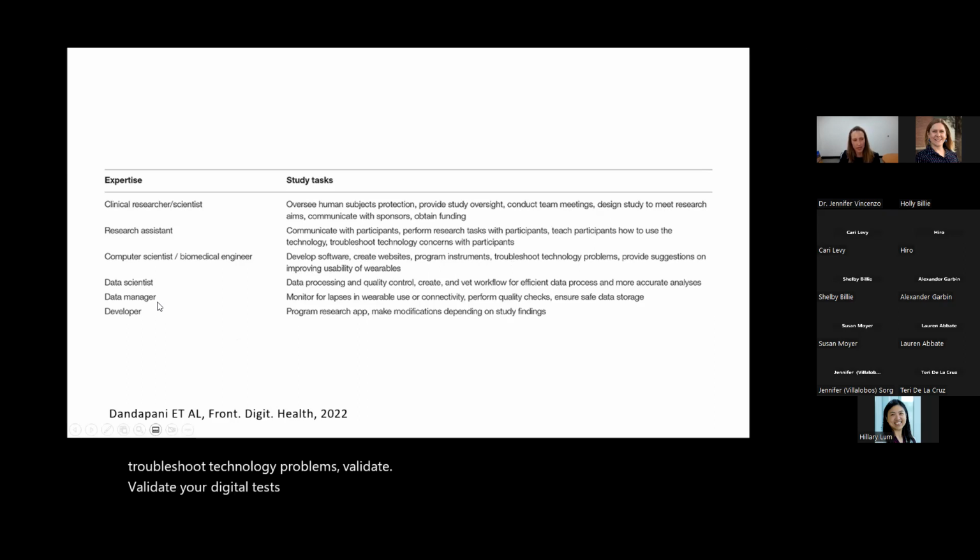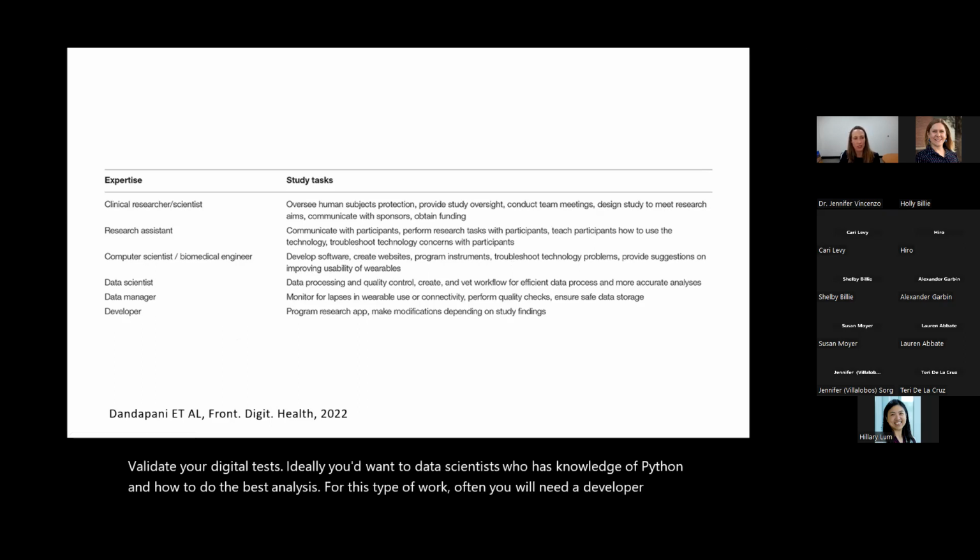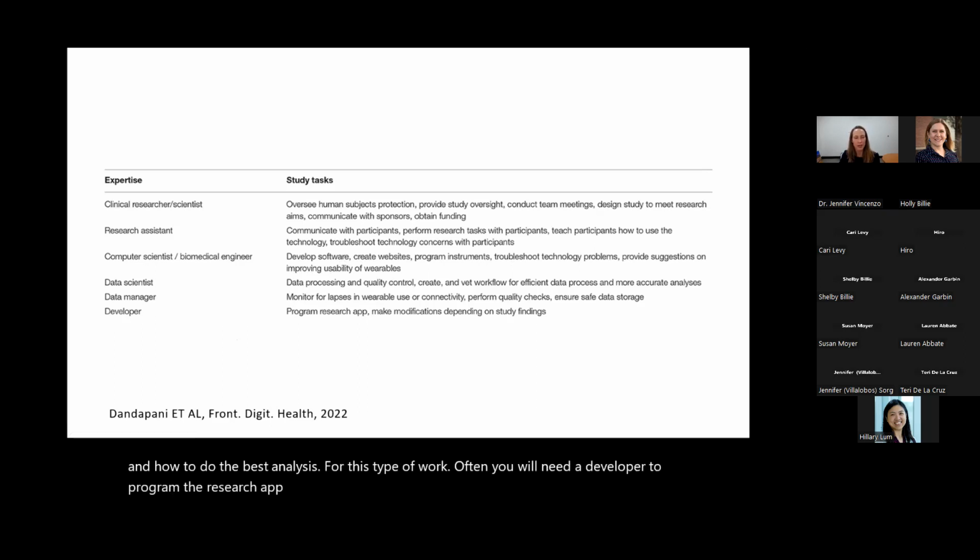Ideally, you'd want a data scientist who has knowledge of Python and how to do the best analyses for this type of work. Often you will need a developer to program the research app. And there are multiple different data sets with this research and multiple different subject IDs that get generated, so having a data manager that is experienced with wearable use is also important.